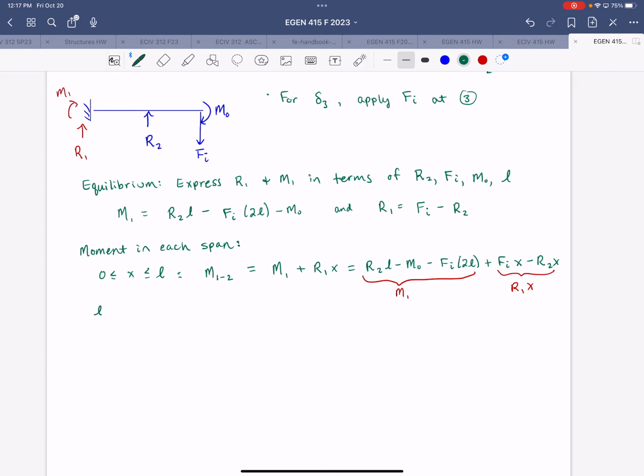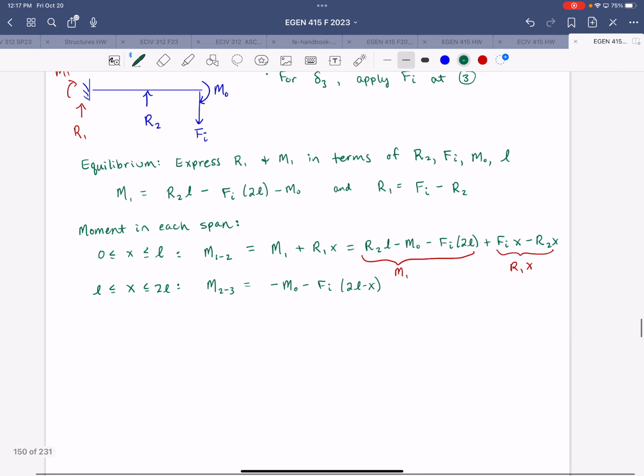For the second region, x between L and 2L, we'll call that M23, and that's just going to be negative M naught minus Fi times 2L minus x.